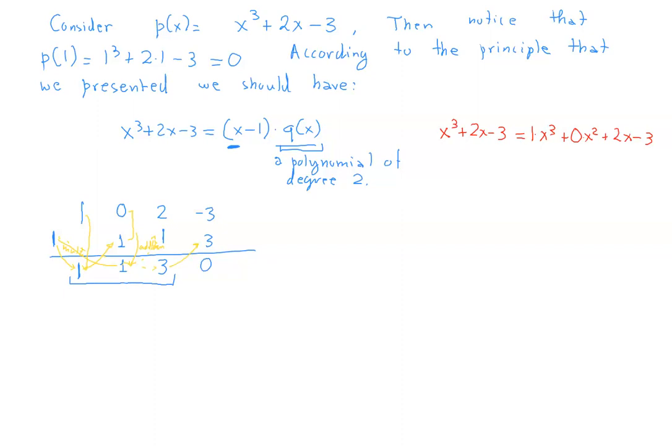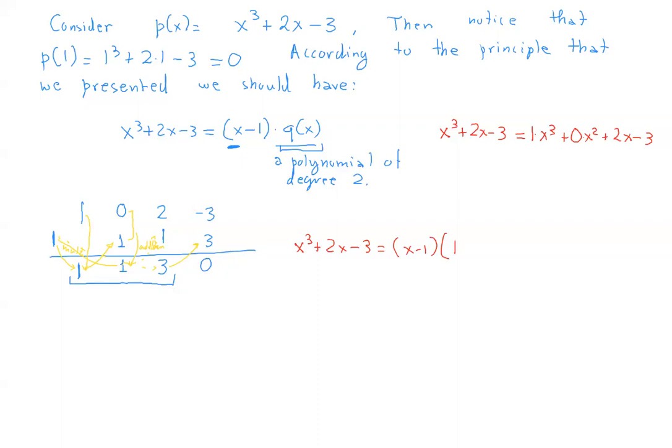The coefficients of the new polynomial are exactly the numbers 1, 1, and 3. So in other words, finalizing what we wanted to do, x cubed plus 2x minus 3 is equal to x minus 1 times, and now I'm going to just set those numbers 1, 1, 3.